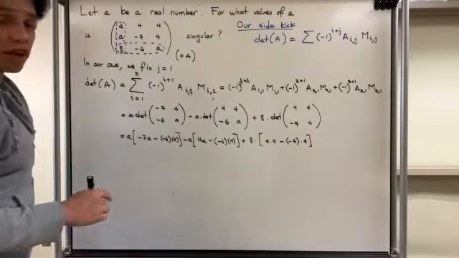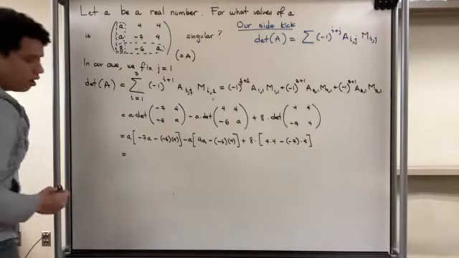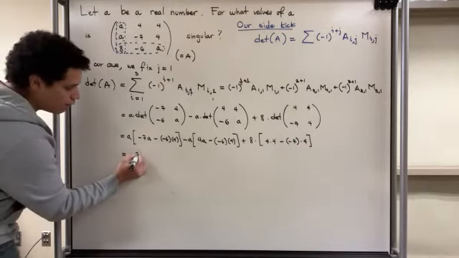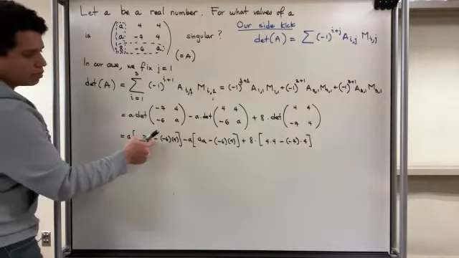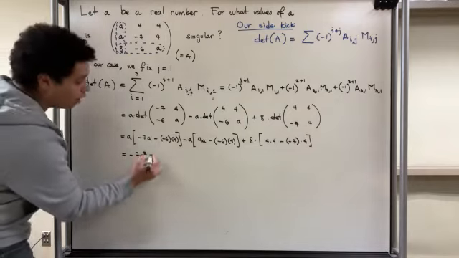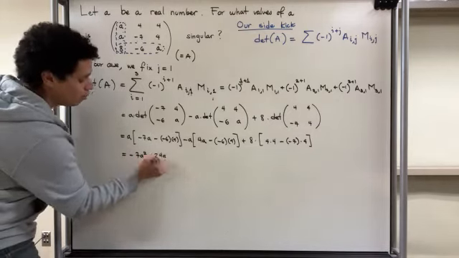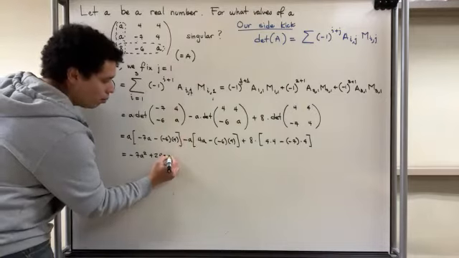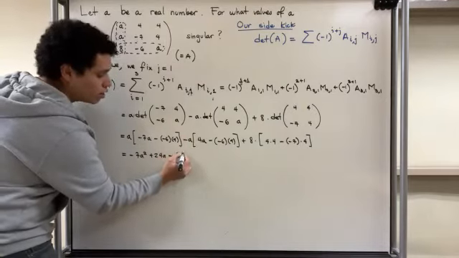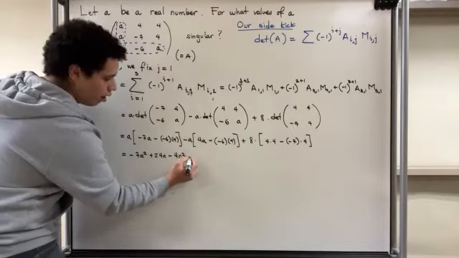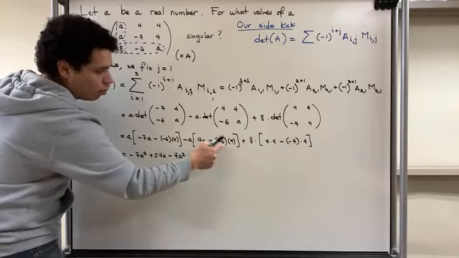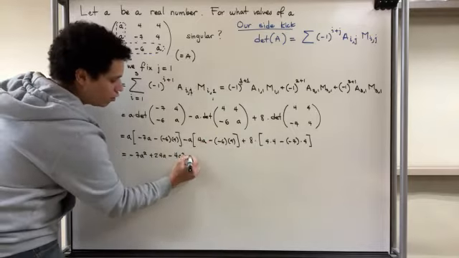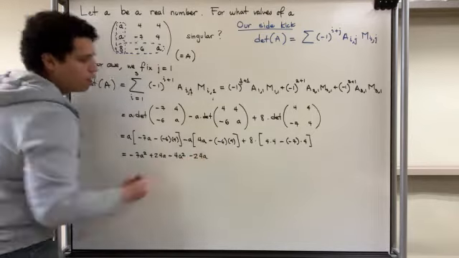Now let's do some algebraic reductions here. So we get -7a squared. This becomes positive 24a, plus 24a by distribution. This becomes now minus 4a squared, plus 24, but with a negative here, so minus 24a.